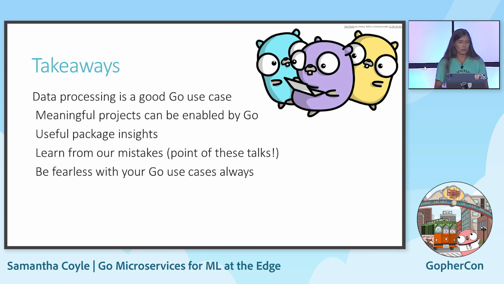And hopefully y'all are also seeing some really awesome package insights in case you ever have to internationalize your project or work more on the Windows side. And hopefully you've learned from some of our successes as a team, as well as some of our mistakes, because that is absolutely the point of conferences and these talks and networking. And then be fearless with your Go use cases always, because we do not have to fit into a box. I'm proposing that Go is great for data processing, and hope all of y'all agree.